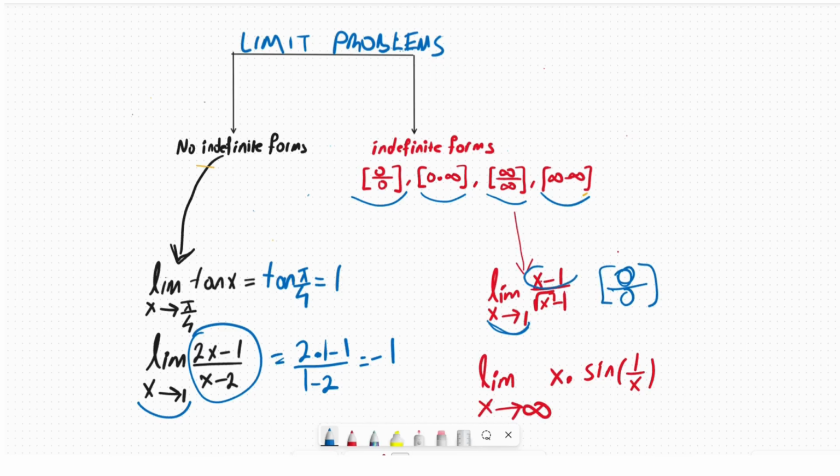As you see, the top is approaching 0, the bottom is approaching 0. And look at second example. Limit as x goes to infinite, the first factor is going to infinite, and argument of sine, 1 over infinite, is going to 0, and sine 0 is 0. As you see, we obtain 0 times infinite indefinite form.